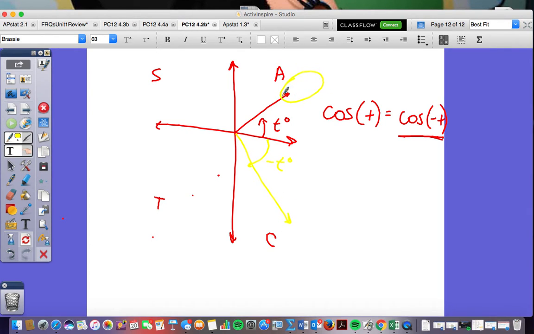We'd still get the same value here and here. And the question is whether it's positive or negative. Well, in the first quadrant, we don't know what t is, but we see that the first quadrant would be positive, and since it's cosine, this fourth quadrant will be positive too. So what we're saying is that these two are the same, okay? And you'll notice that actually, these two are the same as well, where it's negative.